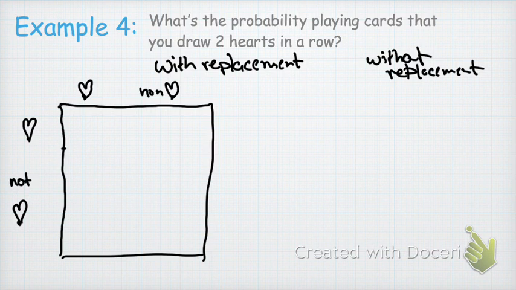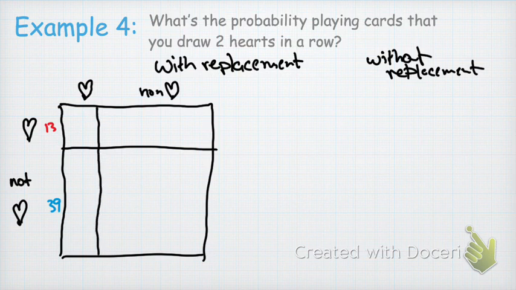So there are 13 hearts in a normal deck and 52 cards in a normal deck. So that would mean 52 minus 13 is 39 cards that aren't hearts. And for our second card, there would be 13 hearts, and there would be 39 non-hearts.